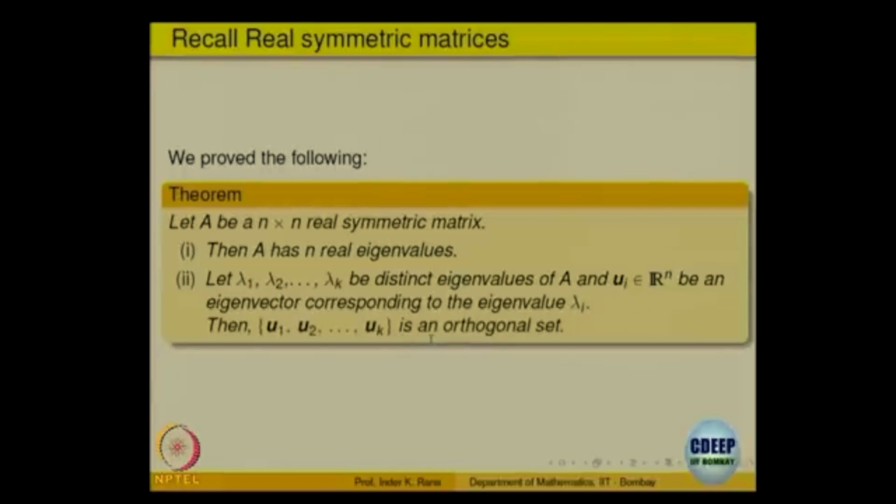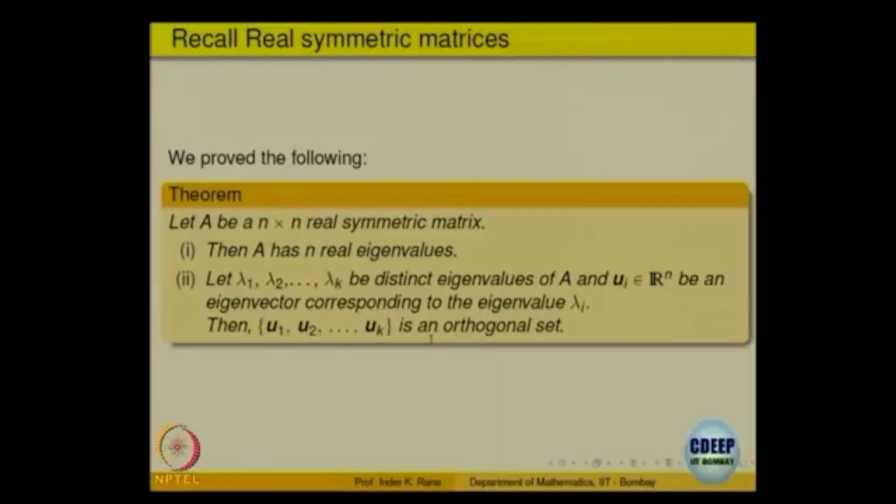So for a given matrix, the eigenvectors for distinct eigenvalues are linearly independent. If it is a real symmetric matrix, then the eigenvectors corresponding to distinct eigenvalues are also orthogonal.